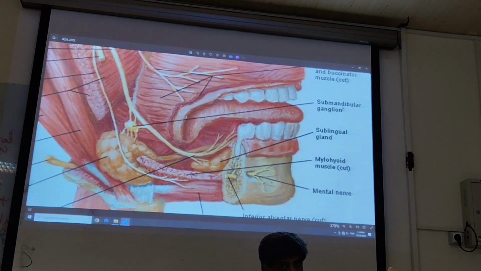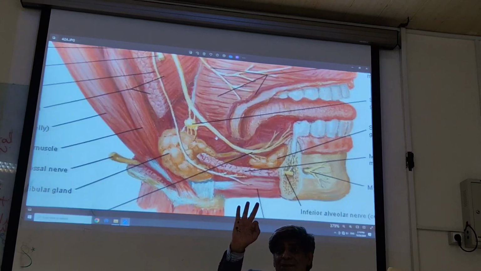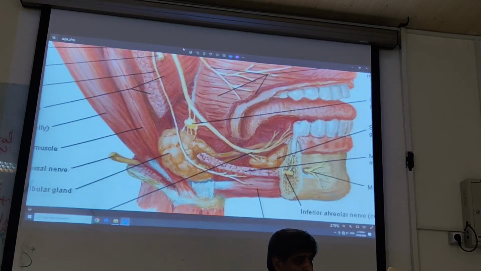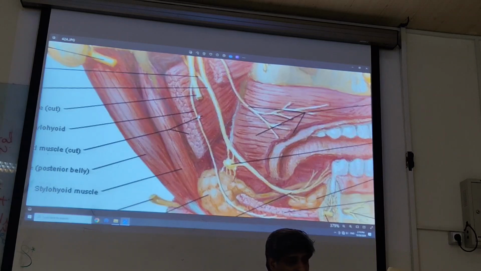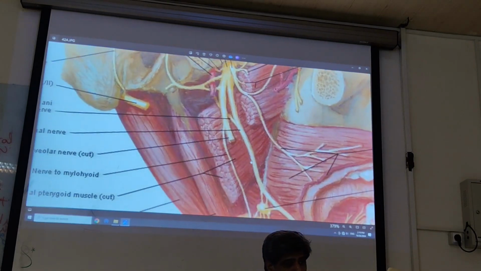Submandibular ganglion contains three roots. Parasympathetic root from chorda tympani or facial. Sympathetic root from the sympathetic plexus. And sensory root from lingual.